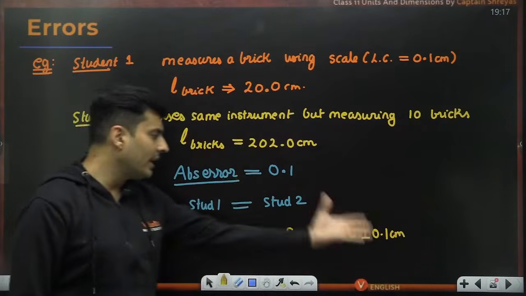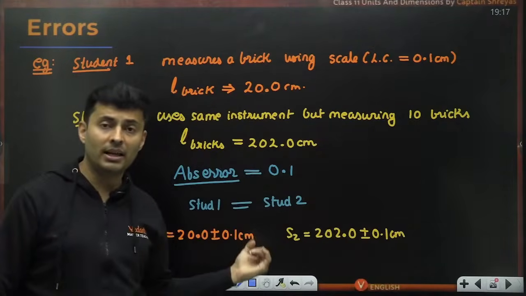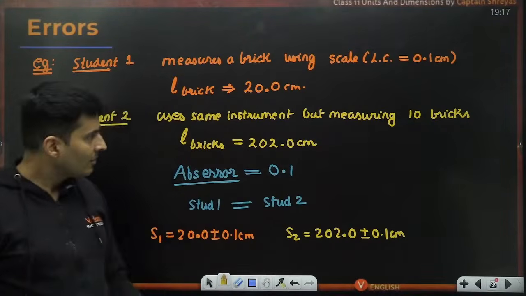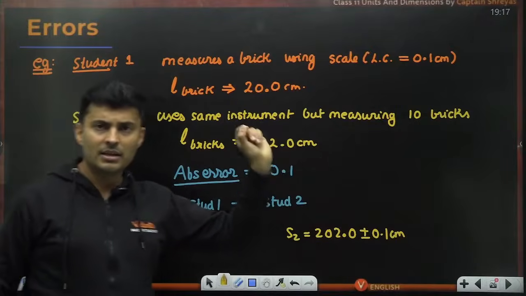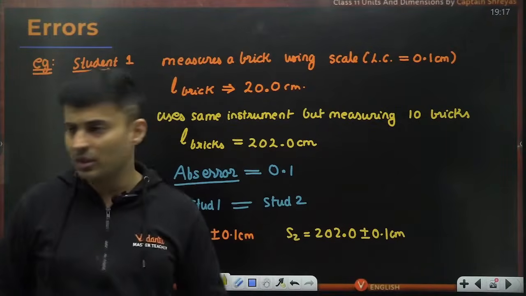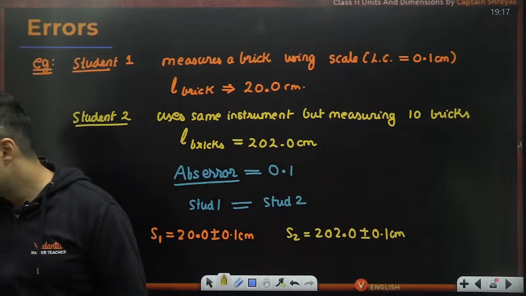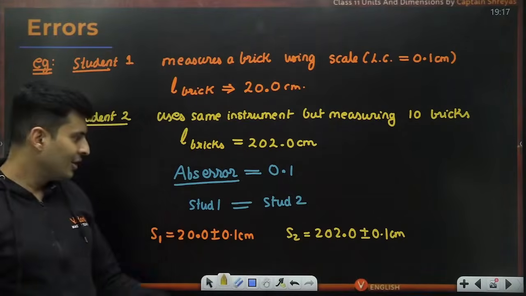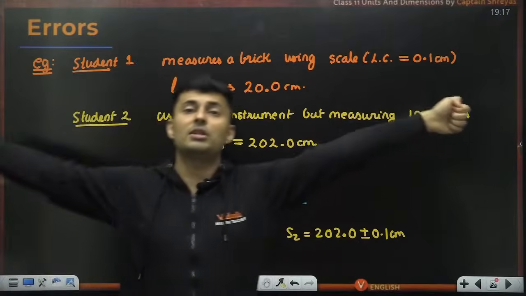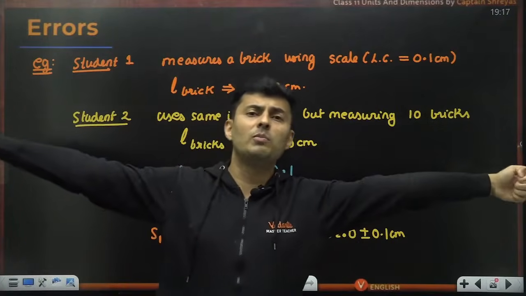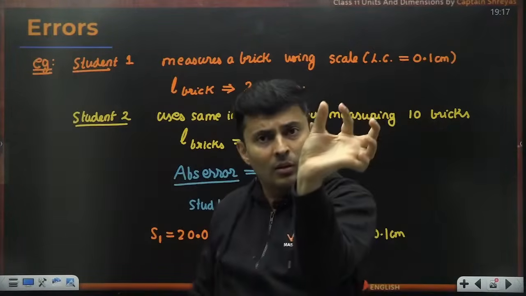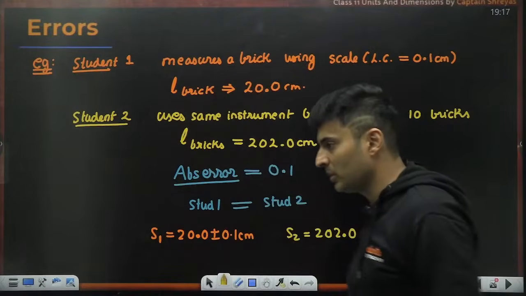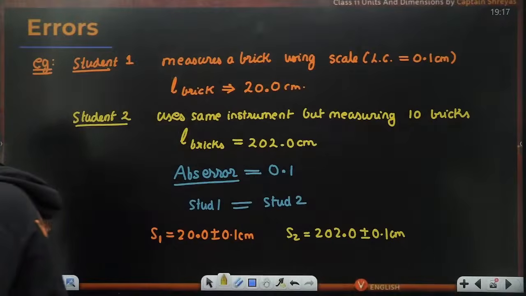So both readings have the same absolute error in whatever they have measured. Same scale, same instrument, same absolute errors. Is that now clear, Abhijit? Especially after writing it like this, it would be very clear. Student number 2 also measured the total length to be 202.0, and the absolute error was 0.1 in the total measurement. Is that now clear, everyone?